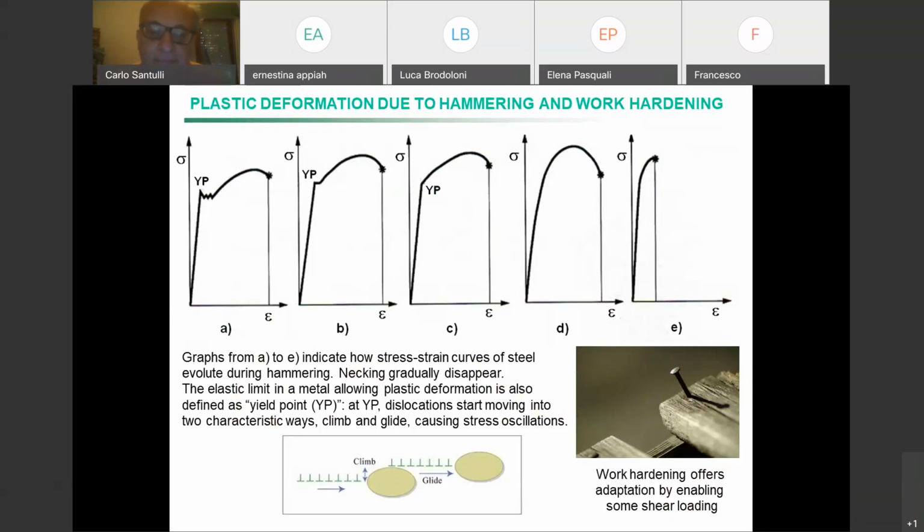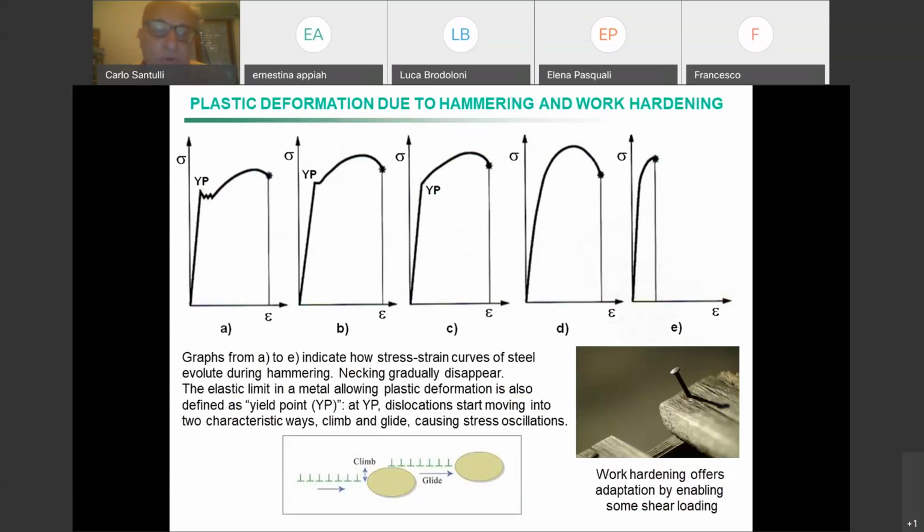And let's imagine, well, of course, it's an assumption, but you could really do that. In practice, you could take a nail, apply some hammer hits, and then stopping, and then testing it, and then testing another one after a few more hammer hits, and so on. What happens? It's work hardening.